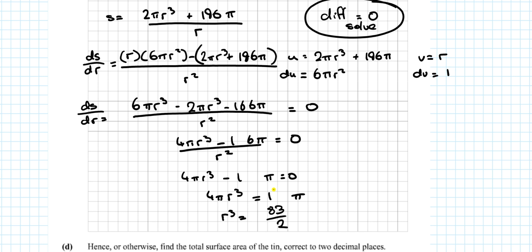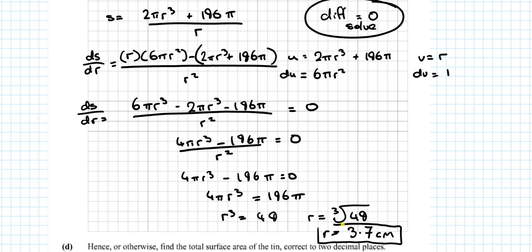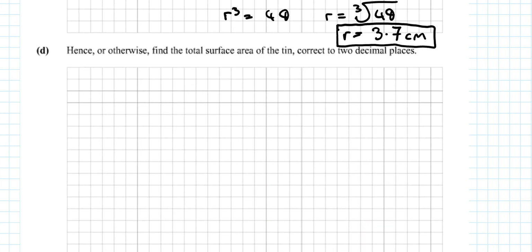This is a 196, my own writing is letting me down. 196, one nine six, excuse me. 196 divided by 4 is 49, r is equal to the cube root of 49, r is equal to 3.7 centimeters. So that's when it's at a minimum.